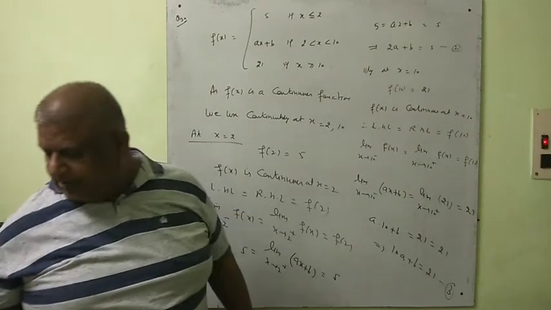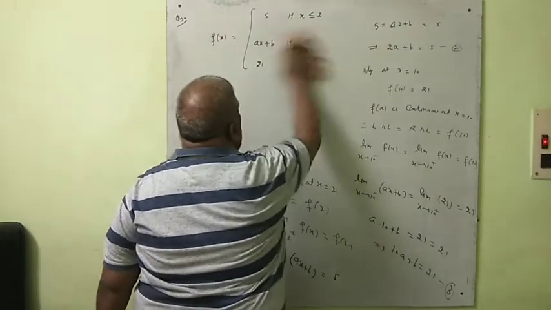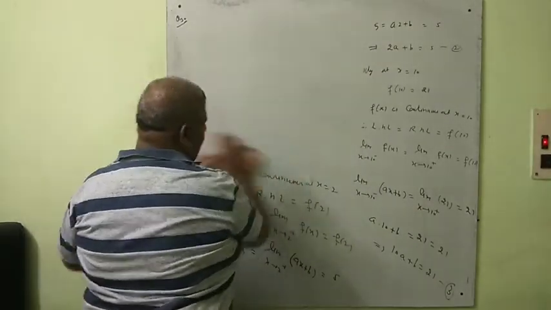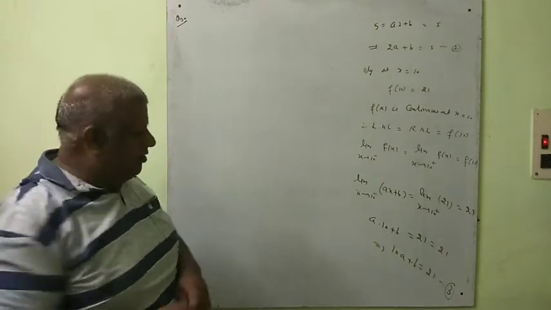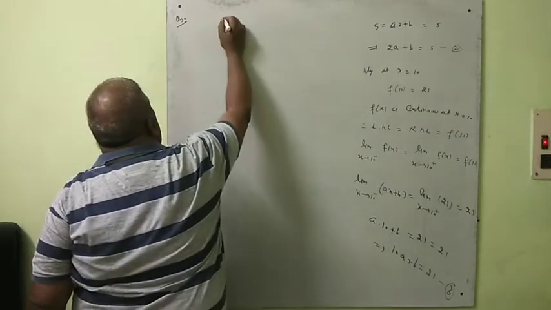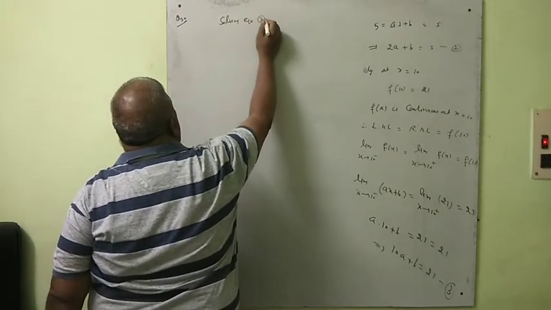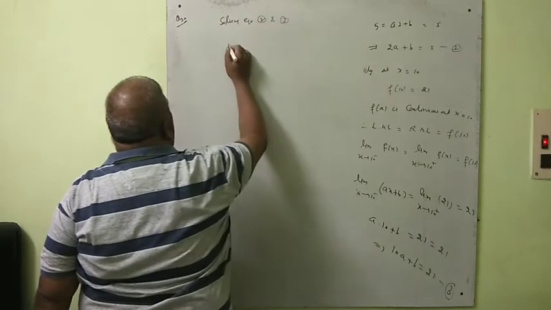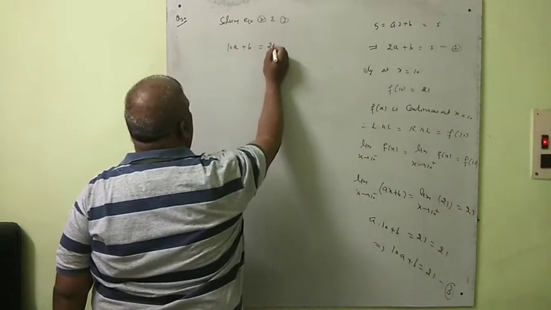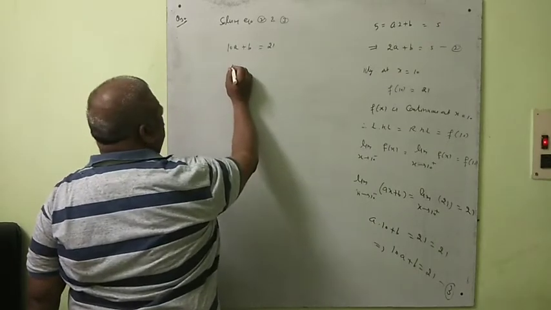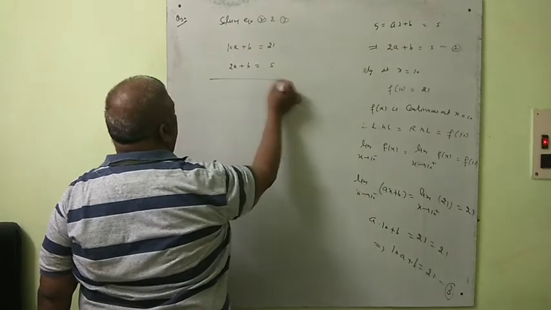We get two equations in a and b. You can simplify these two equations. We get value of a and b. Solving equation 2 and 3: 10a plus b is 21, 2a plus b equal to 5.